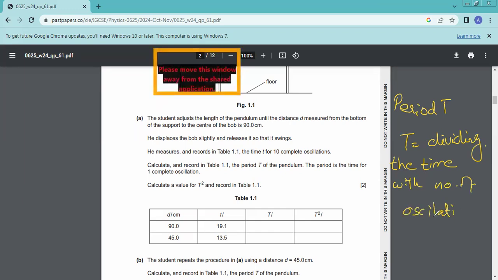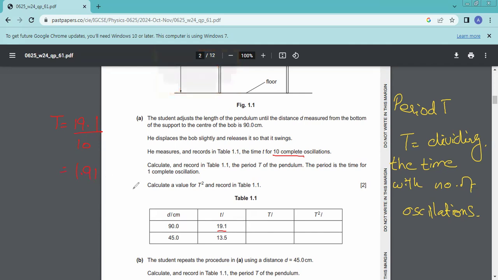Since we know that there are 10 complete oscillations, we will divide 19.1 by 10. The number of oscillations is 10, so T is 1.91.